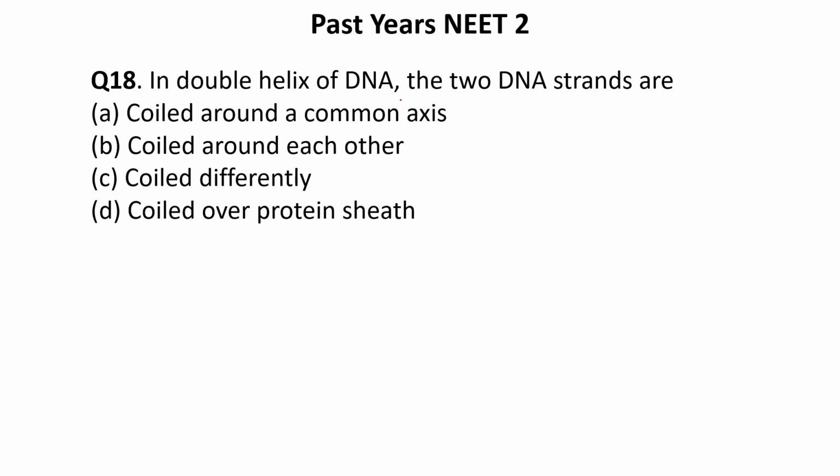Next, in double helix of the DNA, the two DNA strands are coiled around the common axis, coiled around each other, coiled differently, coiled over protein sheets. There is one common axis and DNA structure is like this.